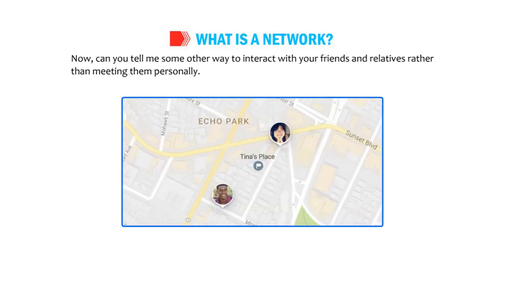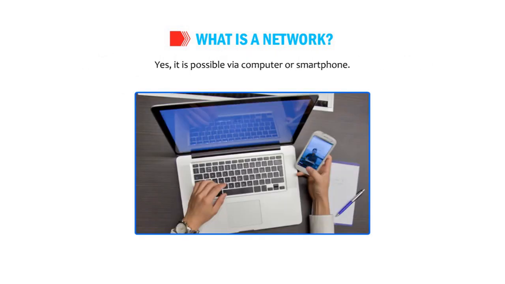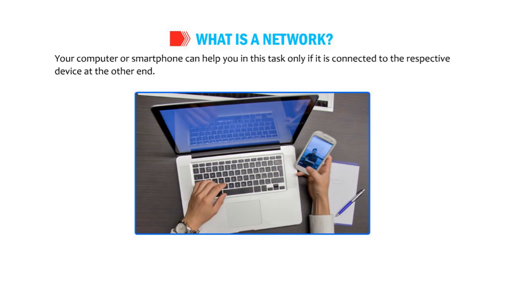Now, can you tell me some other way to interact with your friends and relatives than meeting them personally? Yes, it is possible via computer or smartphone. Your computer or smartphone can help you in this task only if it is connected to the respective device at the other end.